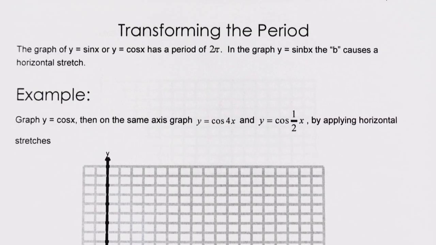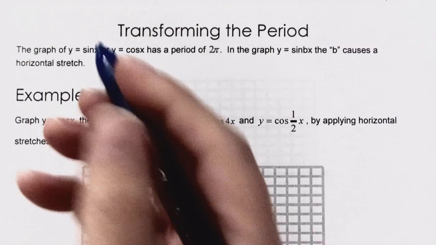In the graph y equals sine bx, the b causes the horizontal stretch. Are we ready for this? Okay. Can you guys go ahead and graph cos x? Just do the basic one.